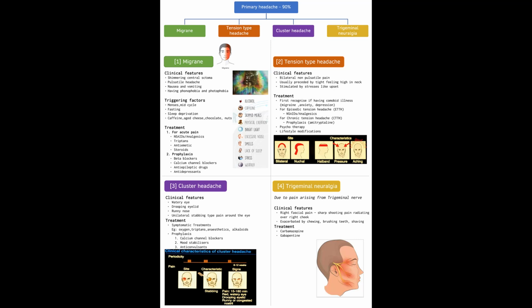The clinical features are right facial pain, a sharp shooting pain radiating over the right cheek. This is exacerbated by chewing, brushing teeth, and also by shaving. So, patients assume that this is due to their toothache, so they usually visit dentists.